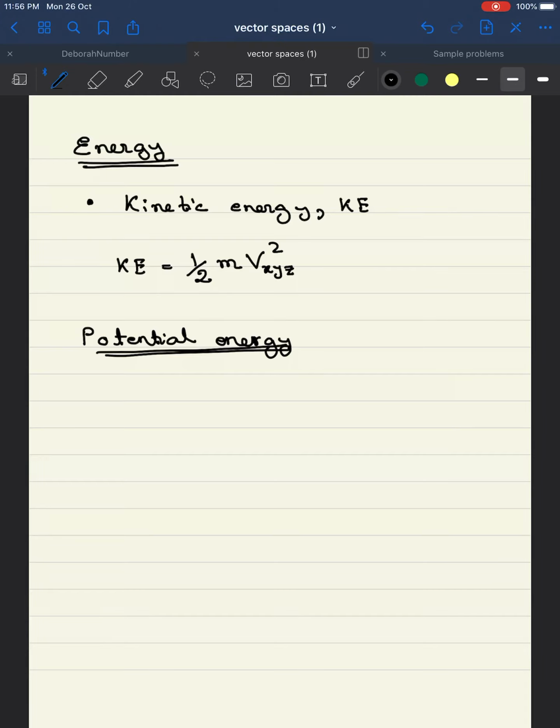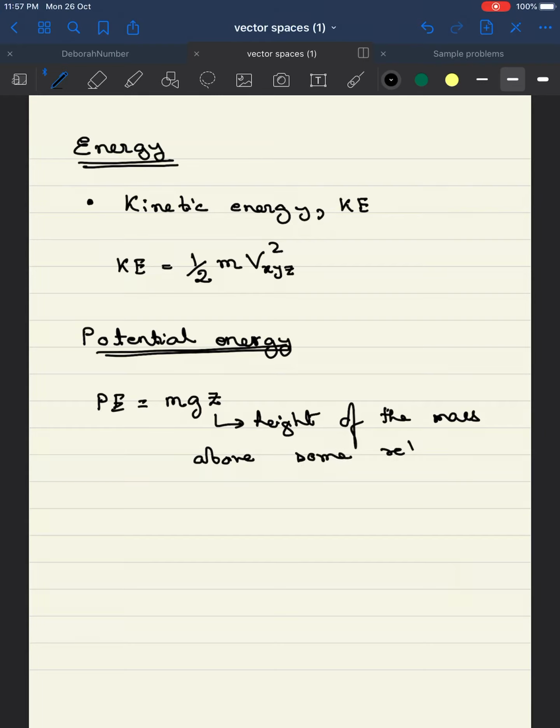So if you now have a body of mass m, where the gravitational acceleration is g, and it is being moved a height z, then this is the potential energy associated with the body, right? Z is obviously the height of the mass above some reference plane. Okay.